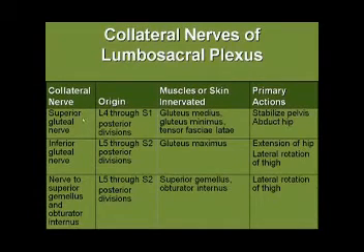The superior gluteal nerve is an important nerve because it innervates two really important muscles. Now, there are three muscles that are listed here as being innervated by the superior gluteal nerve: gluteus medius, gluteus minimus, and tensor fasciae latae. That's true, but the tensor fasciae latae is not a muscle that can be clinically isolated and tested.